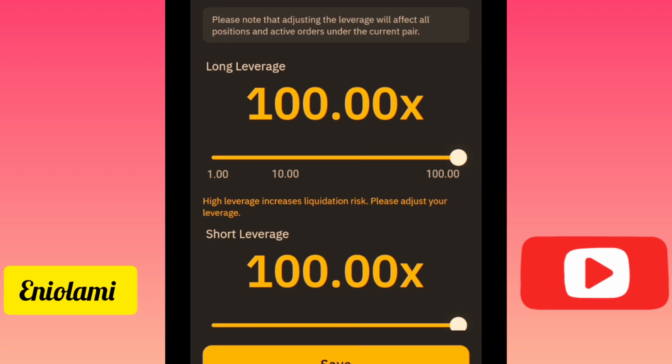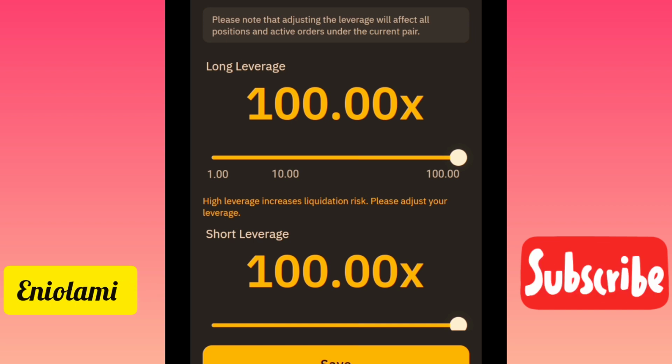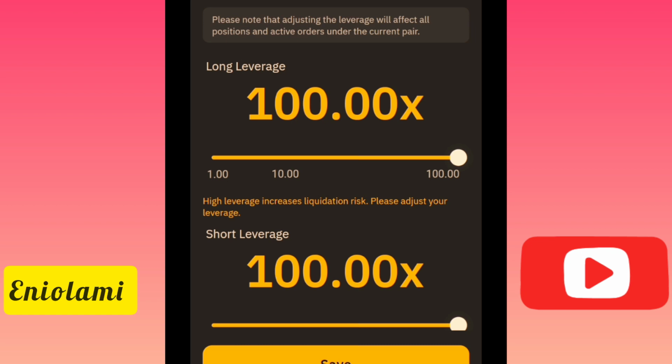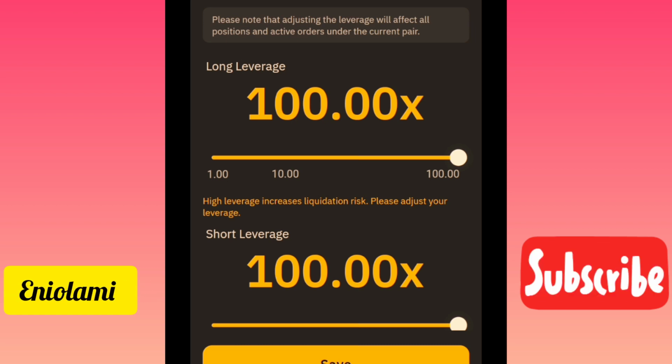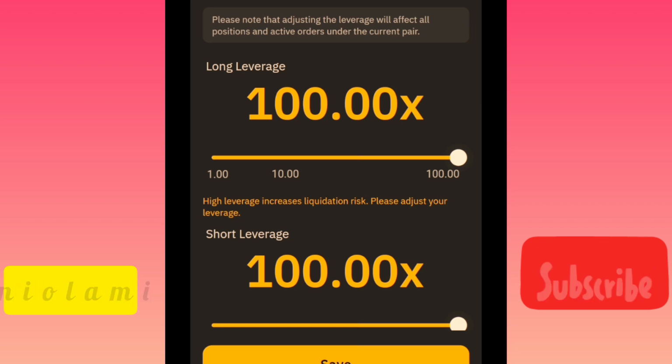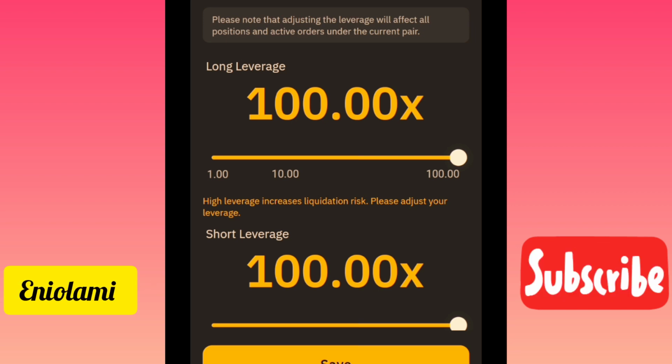I will post that in the channel. That's not going to be a video. So you see, leverage, long leverage, short leverage. If you are going on a long position, it means you are buying, and if you are going on a short position, it means you are selling. So BTC has the highest leverage that you can use, up to 100x.